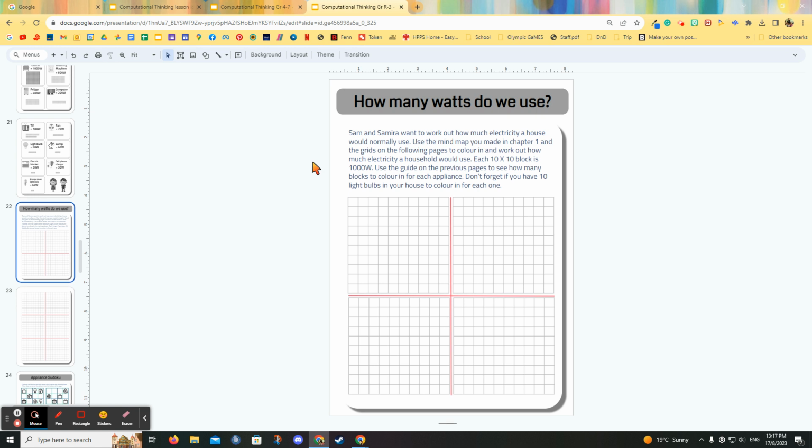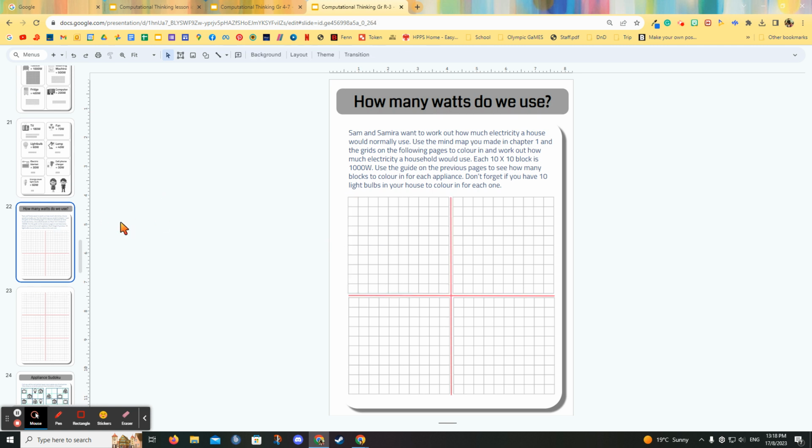Then you're going to use that information to work out how much electricity a household uses, and use the guide on the previous pages to color in each appliance. So they have to work out how much electricity you use in the different places, and color it in.